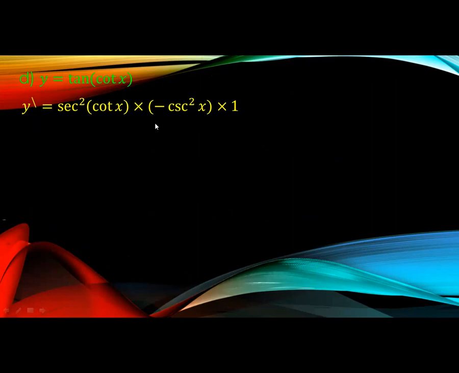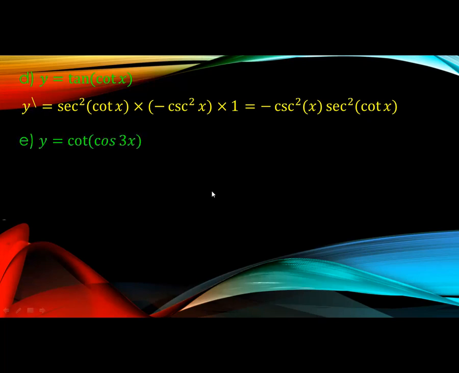The derivative of cotan x is negative cosec square x, multiplied by the derivative of the angle that is equal to 1. And we can simplify the result, it is equal to negative cosec square x times sec square multiplied by cosec square, and its angle is cotan x.